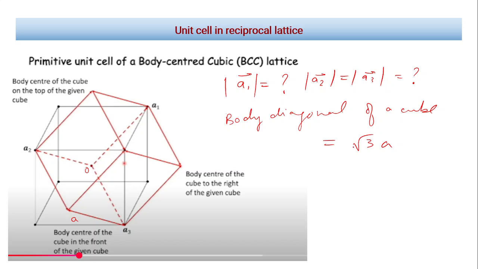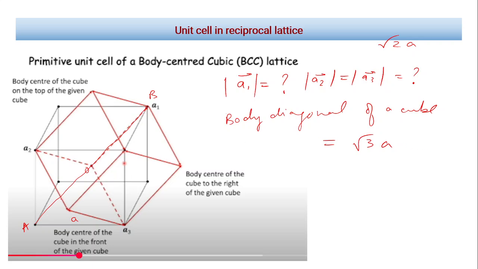So you can see there, face diagonal has root 2A, but body diagonal has the length of root 3 times A. Body diagonal will be from this corner A to this corner B, the total being root 3A.